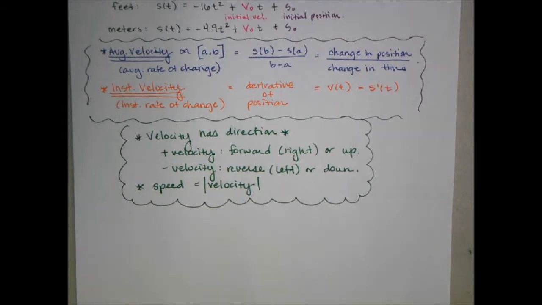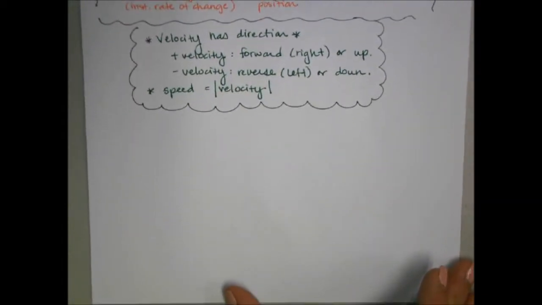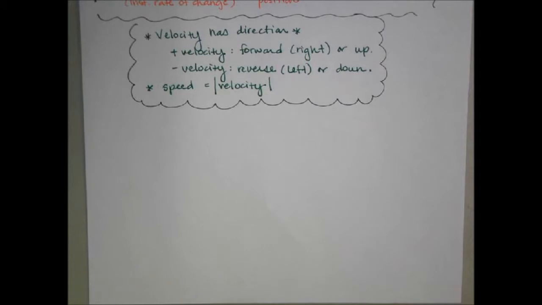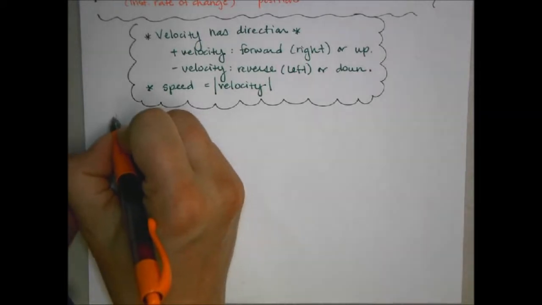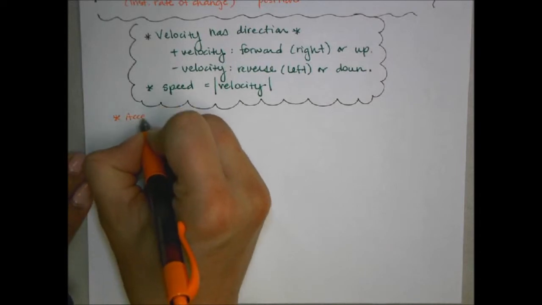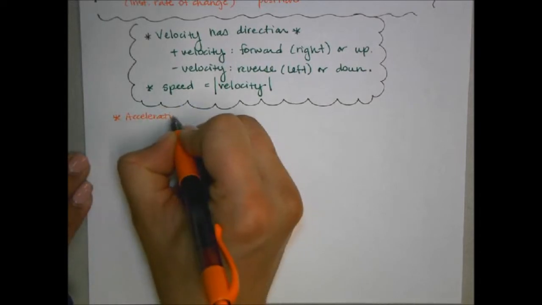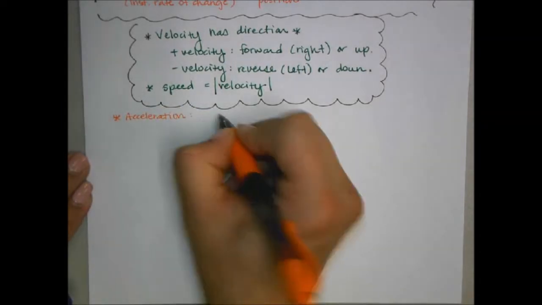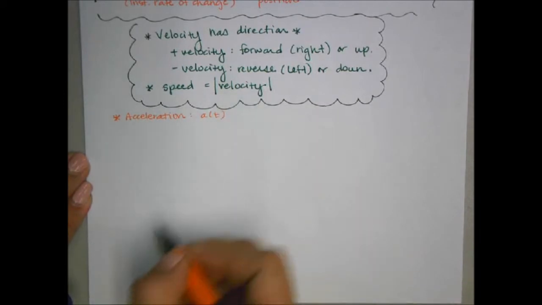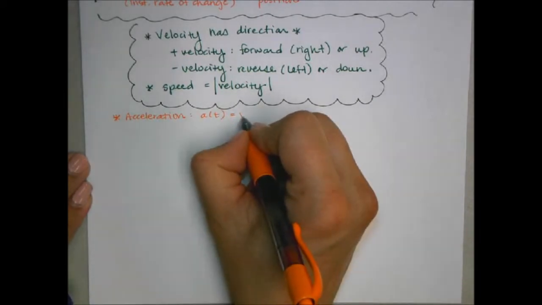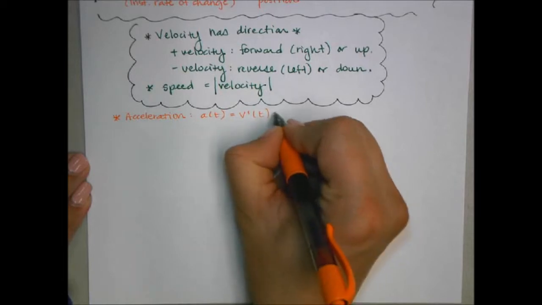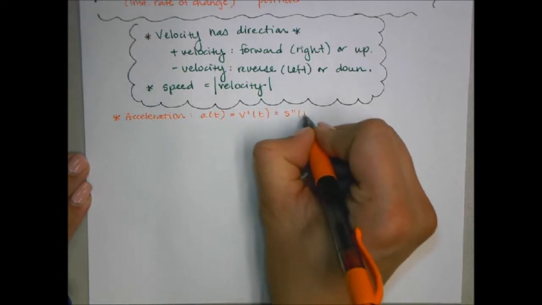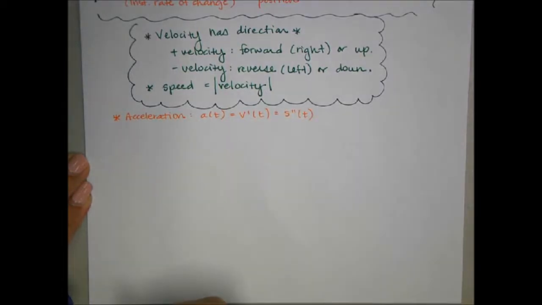The next part is acceleration. Just a little bit here about acceleration. Again, A of t, it's the derivative of the velocity or the second derivative of the position function. We also need to talk about units here.